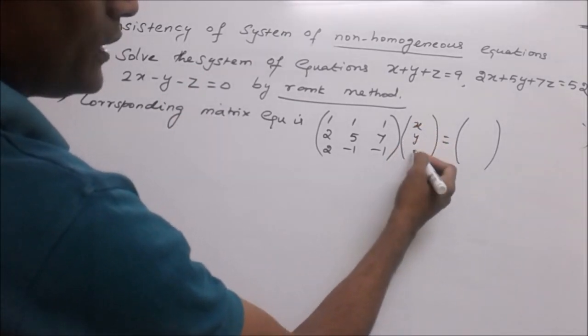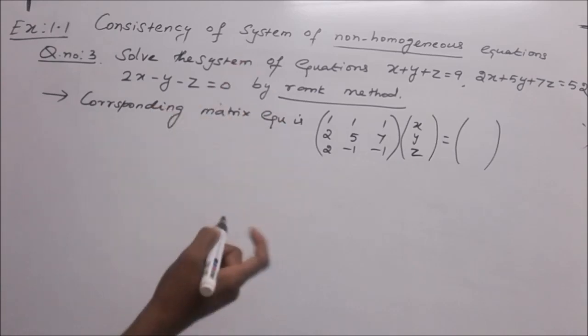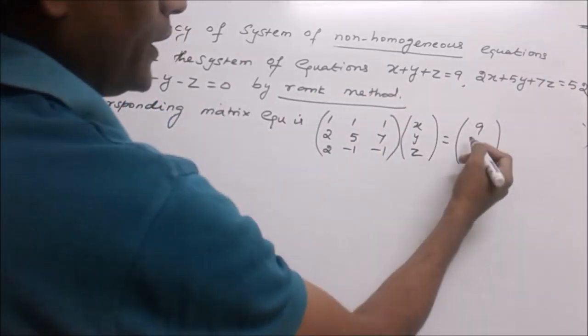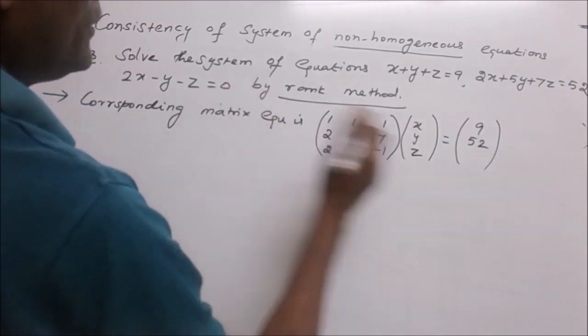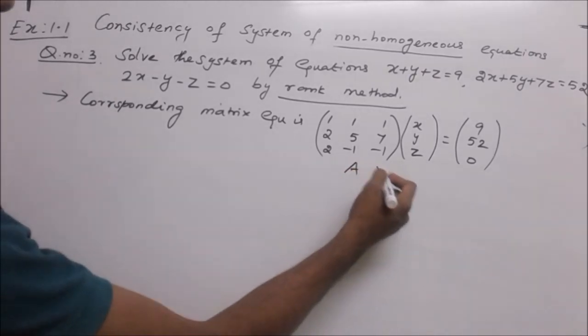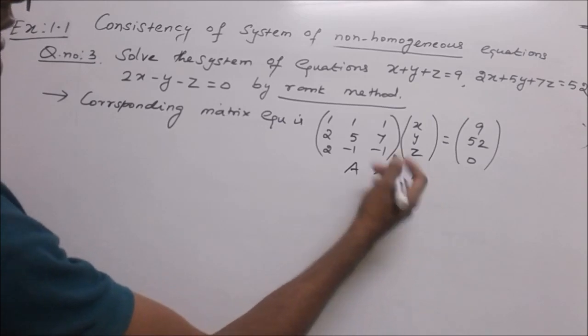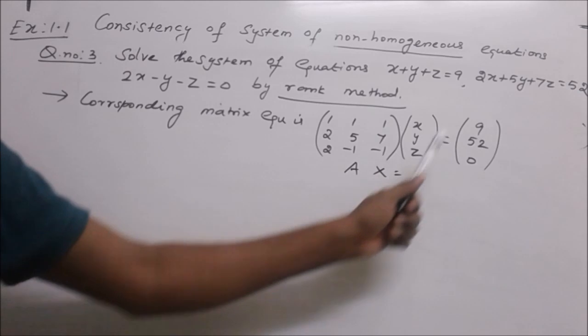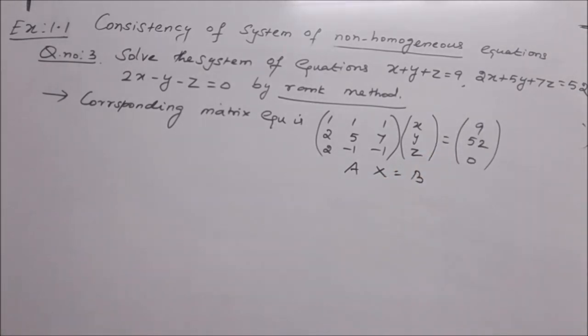What are the variables used here? x, y, z, which will be equal to the constant matrix 9, 52, 0. You should write in a proper order. Now this is in the form of Ax equal to B. Let the coefficient matrix be A, the variable matrix x and the constant matrix B.